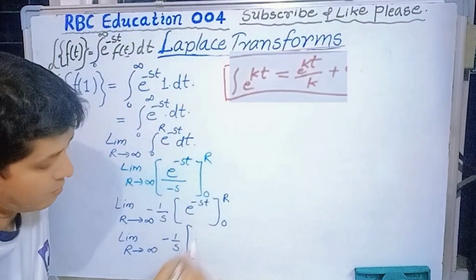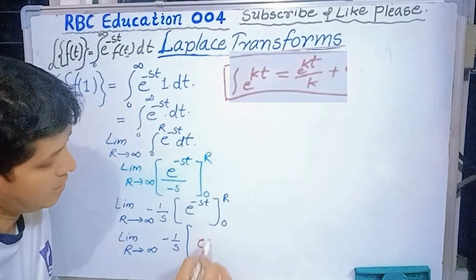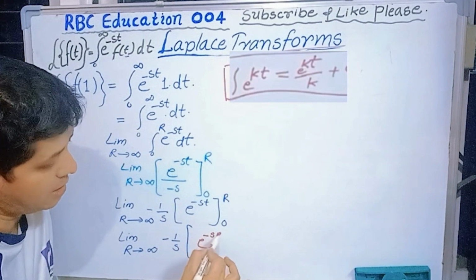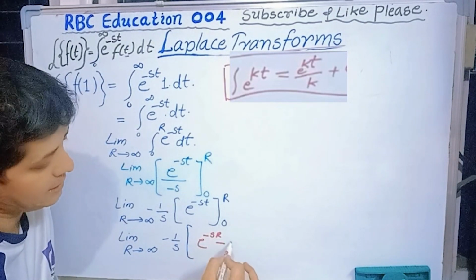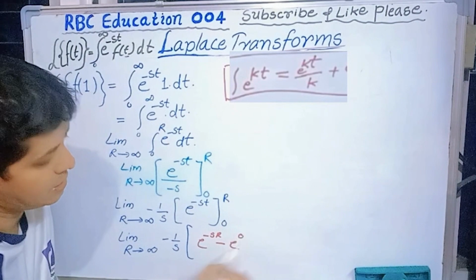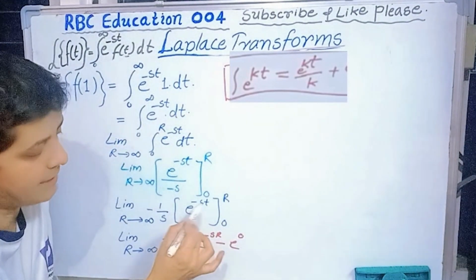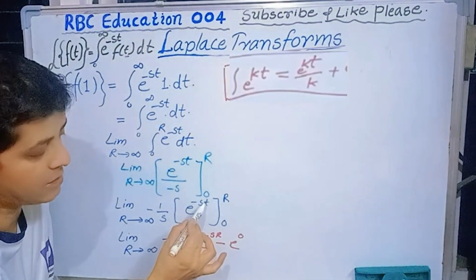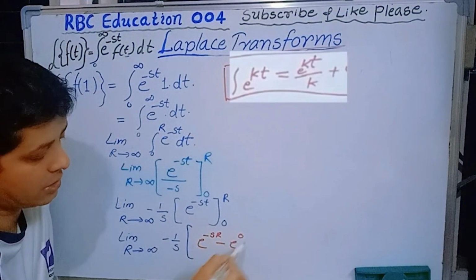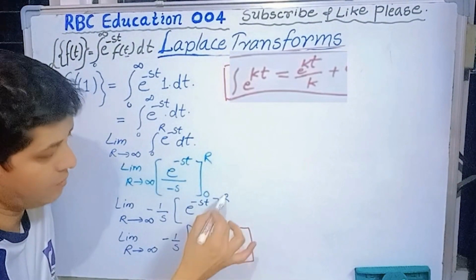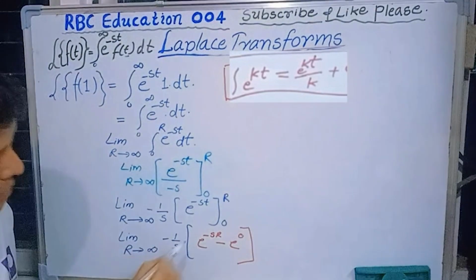So we get e^(-sr) minus e^0. Why e^0? Because s times t, with t equal to 0, becomes 0. So now we remove r and 0.